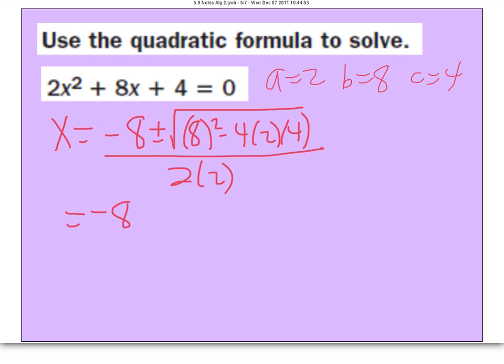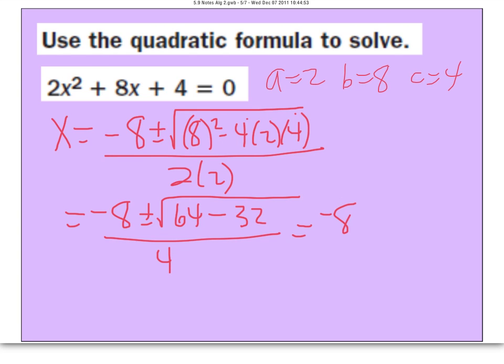Simplifies to negative 8 plus or minus, 8 squared is 64, 4 times 2 is 8 times 4 is 32, all over 4. This becomes negative 8 plus or minus the square root of 32 over 4.